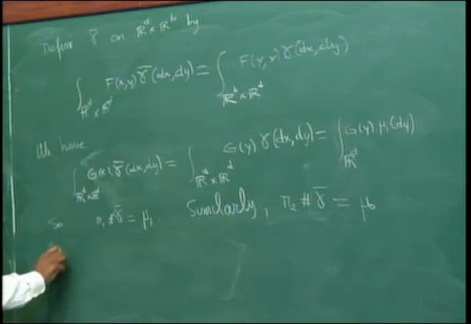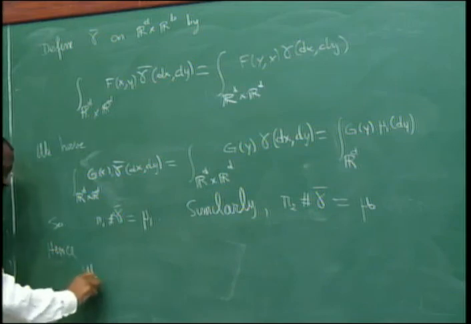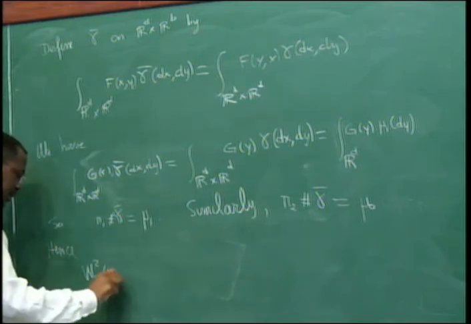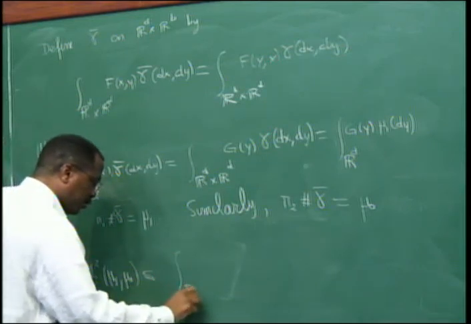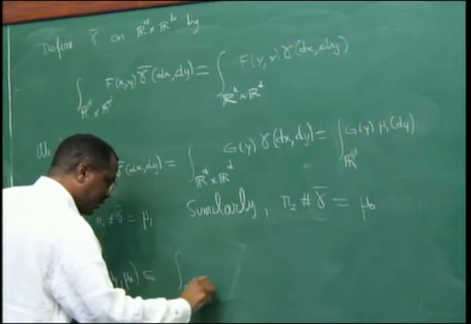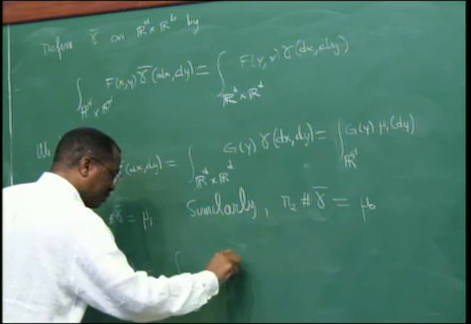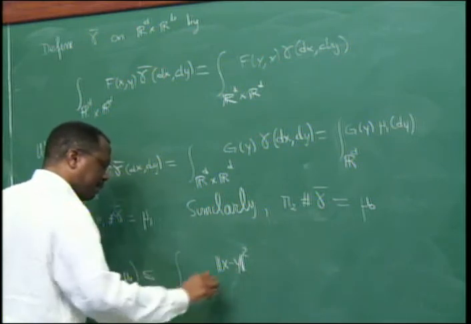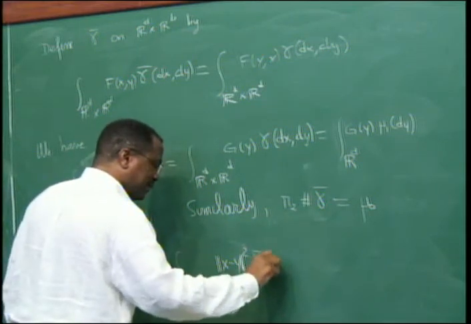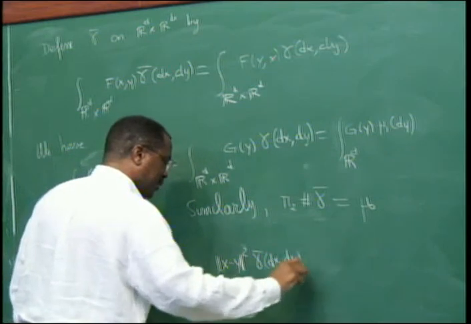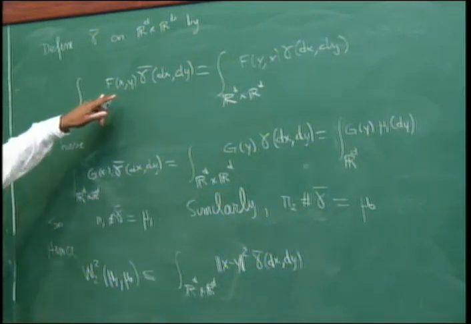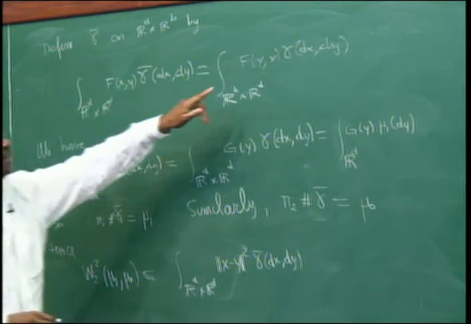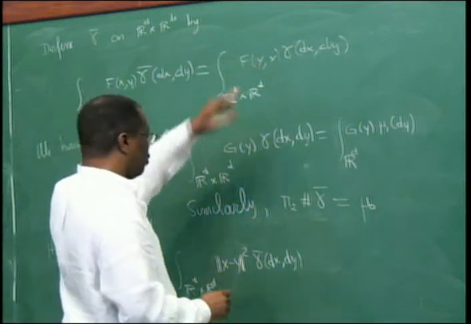Hence, the distance squared between mu1 and mu naught is less than or equal to the integral over Rd cross Rd of |x minus y| squared gamma bar dx dy. But when I integrate against gamma bar, it means that I need to change the order of y,x.